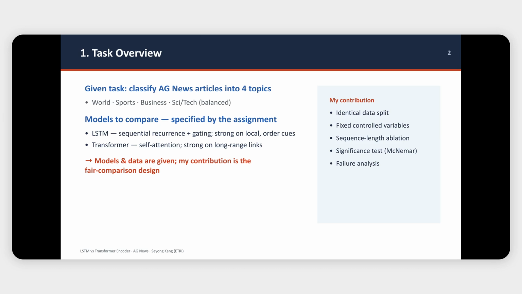The LSTM reads word by word, left to right, while the transformer looks at all words at once and relates them directly. So my focus is simple: not which model is bigger, but how much the design difference alone matters. To test only the design, I made the two models almost the same size.